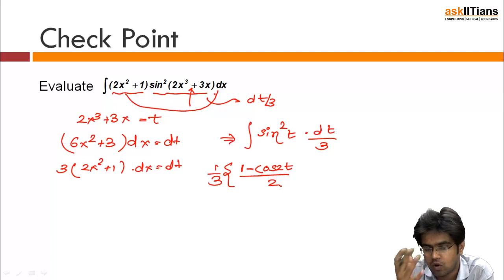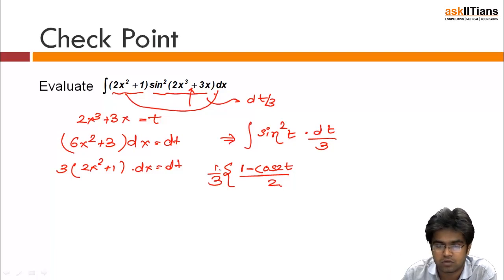How? I can write cos 2x as 1 minus 2 sine square x. So 1 and 1 will cancel out and there will be 2 sine square x, positive. So 2 and 2 will cancel out. Integral of that into dt by 3.